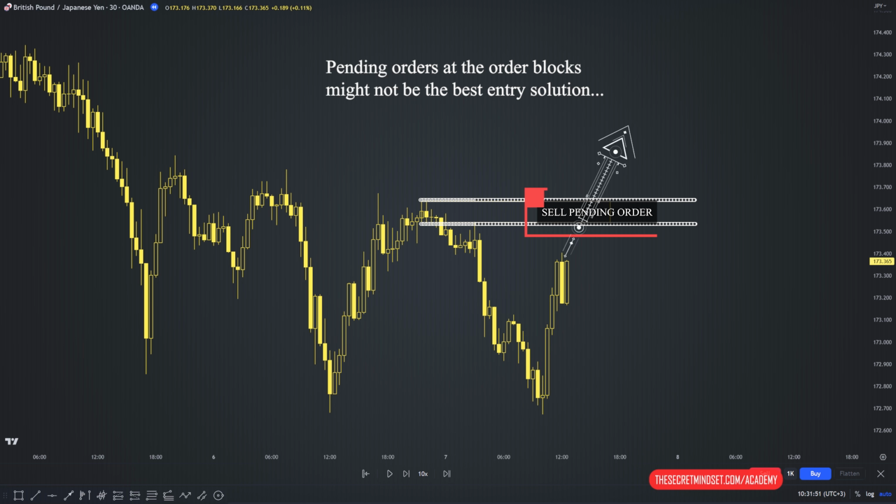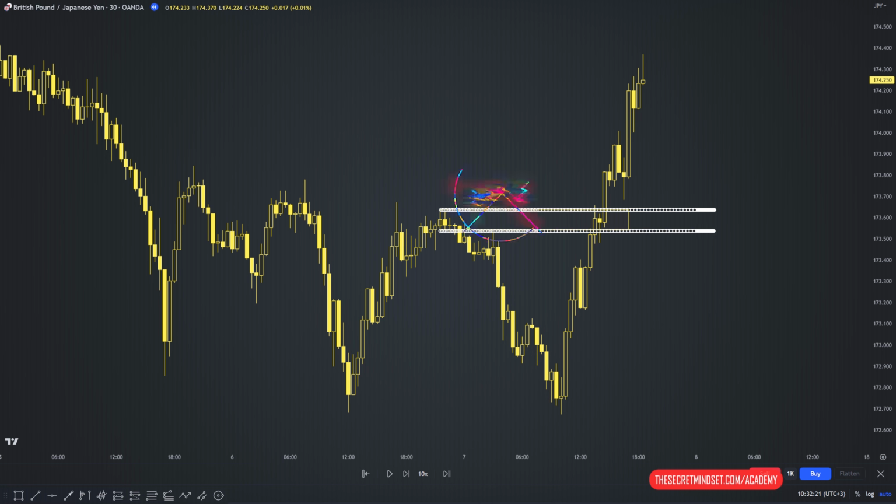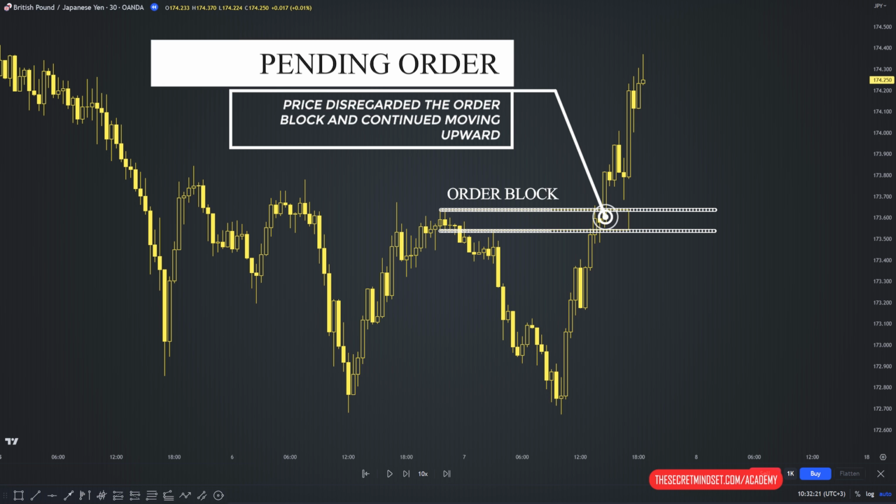The market would often disregard the zone and continue moving strongly in the opposite direction, causing my trades to fail almost immediately. Many times when I first began trading these zones, I found many order blocks which met all the criteria, but when it came to trading these zones with pending orders, most of the time the market would just blow past the zone, and I would almost instantly lose my trades.